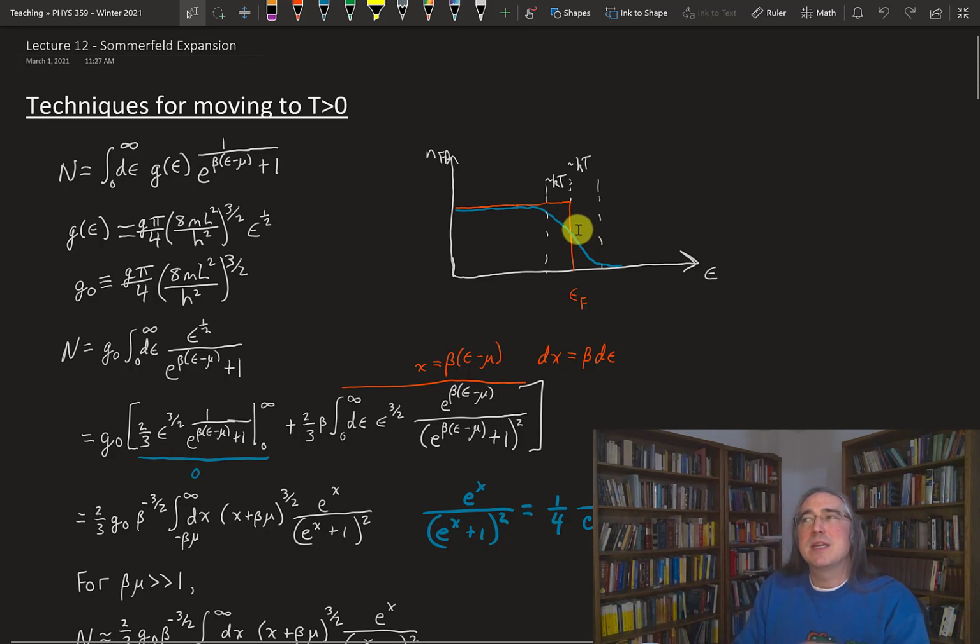But if what we're saying is the interesting physics is the change, the change from full occupation to 0 occupation, well, the mathematical word for change is derivative. So if we could take the derivative of the Fermi-Dirac distribution, then we would have a localized function, right? If I take the derivative of this thing, it's going to have a little peak right at E Fermi and fall away to either side.